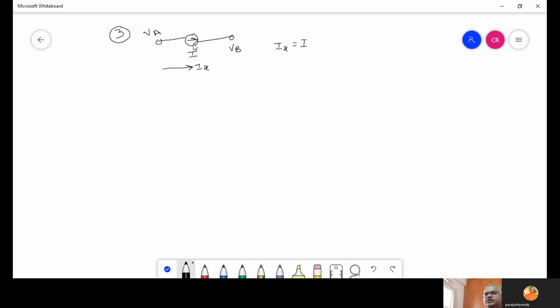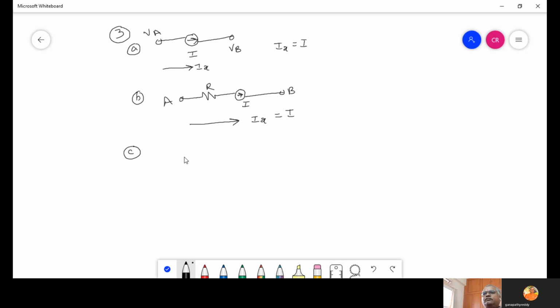So it is a branch containing a current source giving a current of I. So the current from A to B is the same I. This is 3A. 3B, resistor followed by current source. So this is node A, this is node B. We want this current. So this current Ix is again I only.